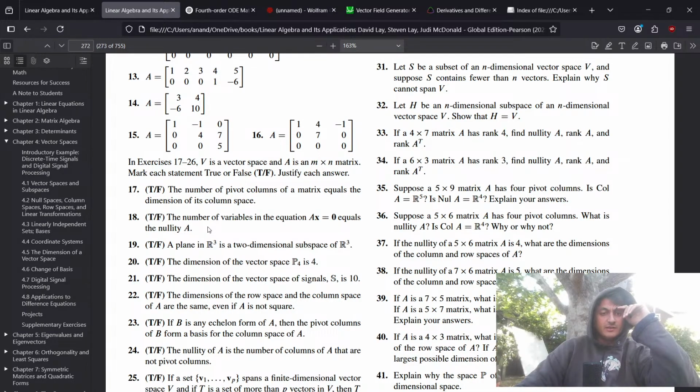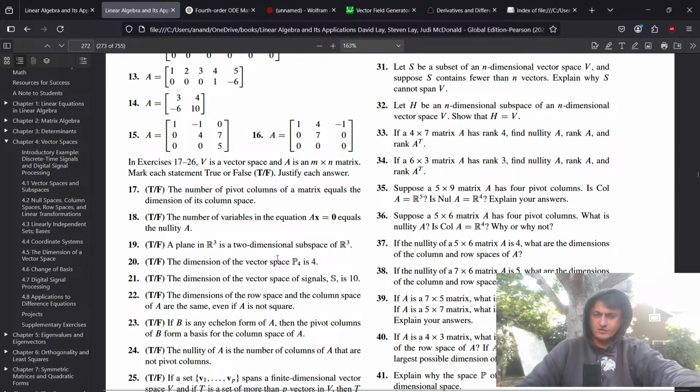A plane in R3 is a two-dimensional subspace of R3. That's not true because it needs to go through the origin. If they said it goes through the origin, I would say true, but it's false. If the dimension of a vector space P4 is 4, that's false. It's 5. Okay, 21.